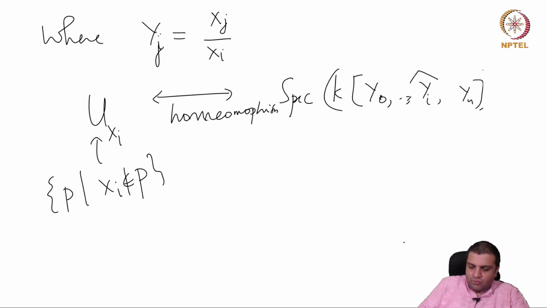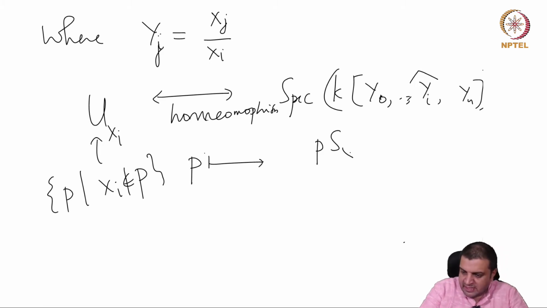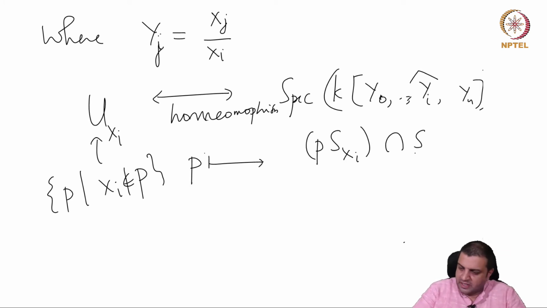And what is the map? One takes P here, and in that one direction one can give the map. First we inverted xi, so this is a prime ideal in S_xi, and then contracted it to the smaller subring, S_xi in degree 0, and that would give this map.